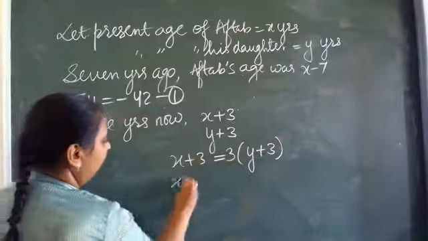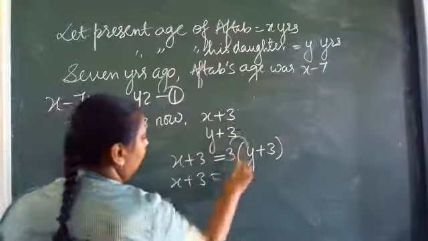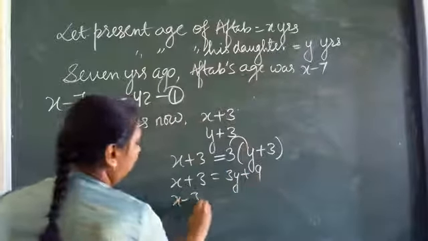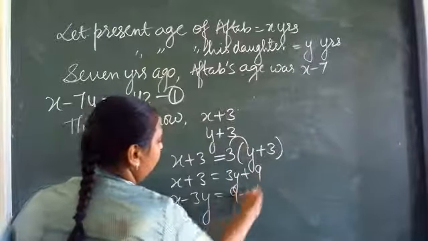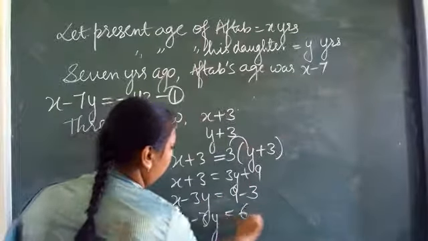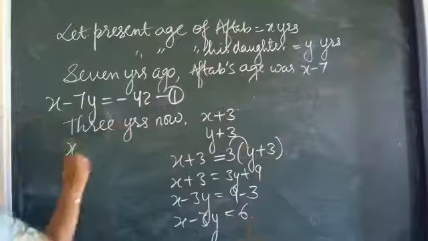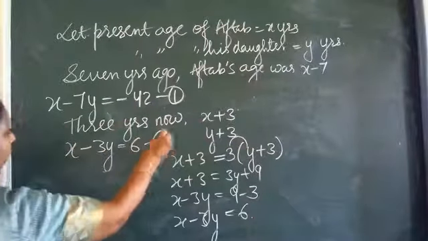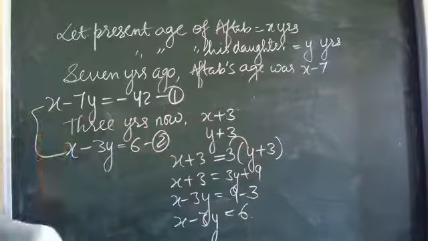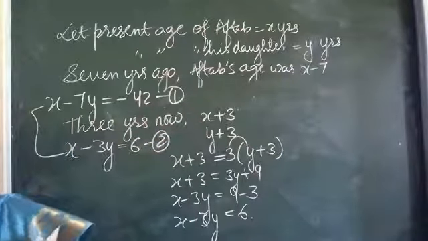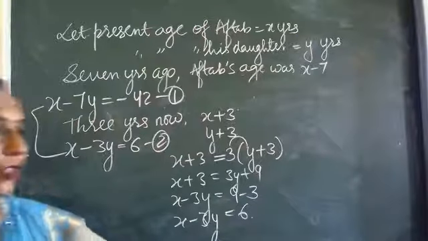Now simplify: 3 multiplied gives 3y plus 9, so x minus 3y is equal to 9 minus 3, which is 6. This is the second equation: x minus 3y is equal to 6. Now solve these two equations and find the values of x and y, that is Aftab's age and his daughter's age.